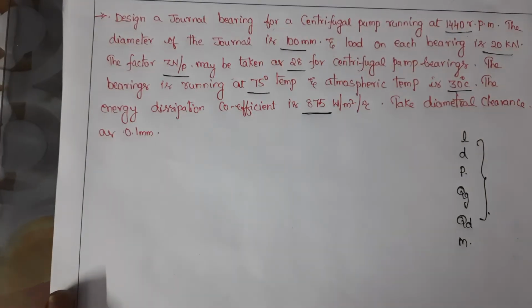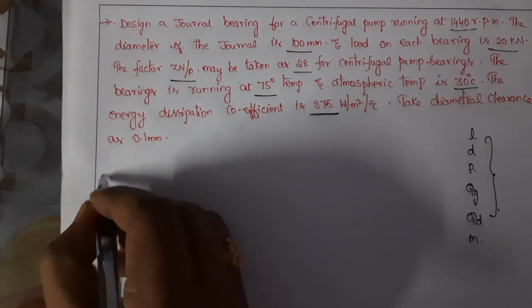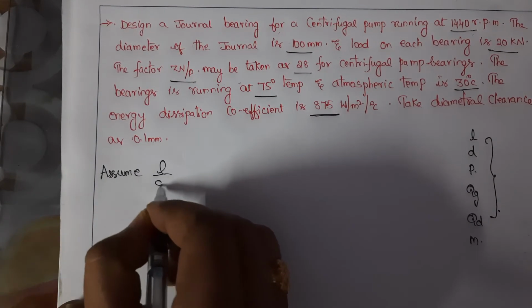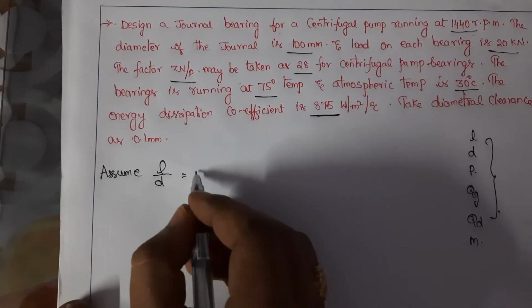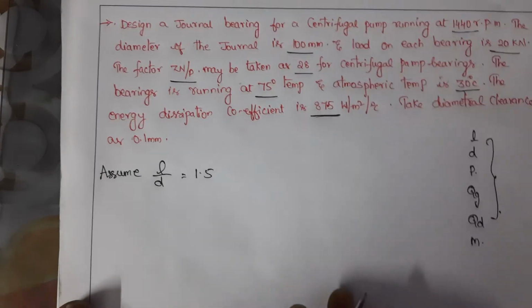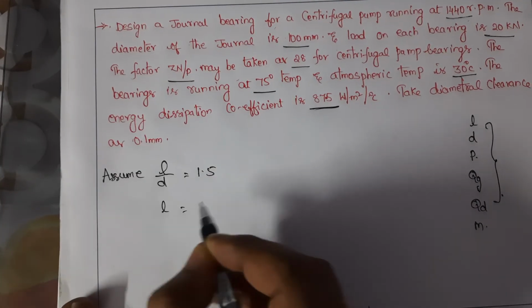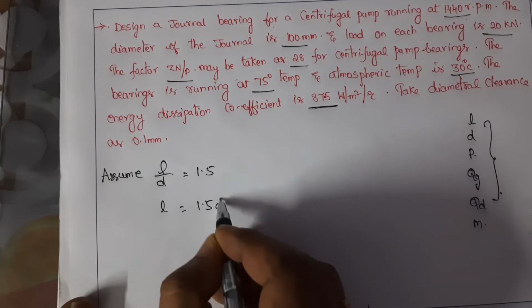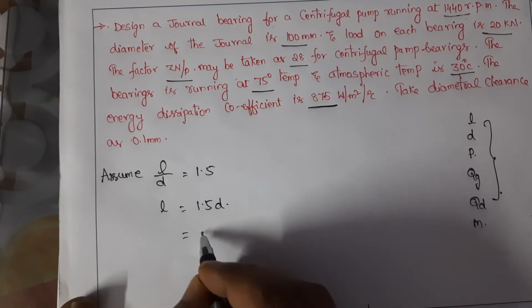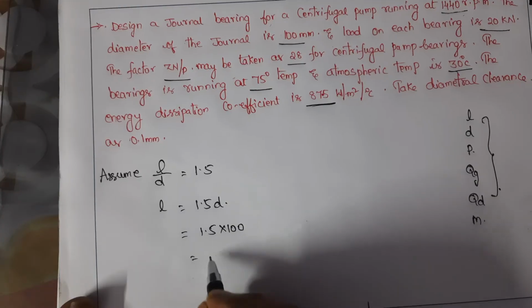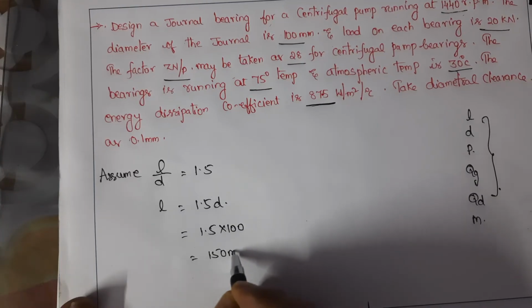Okay, I am assuming the L by D ratio as 1.5. You can take any value. So L is equal to 1.5 D. The D value here is given as 100, so L is 150 mm.